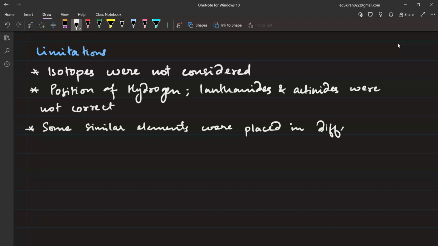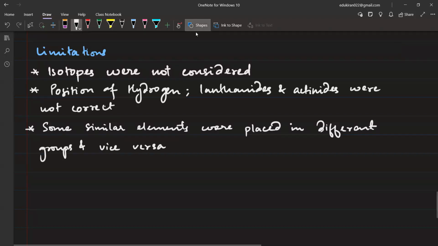So what's after hydrogen? You wrote lanthanides and actinides. Yes, sir. Lanthanides and actinides placed in different groups and vice versa. What is lanthanide and actinide?